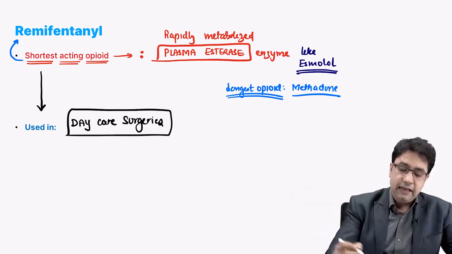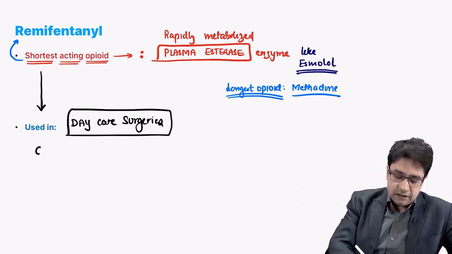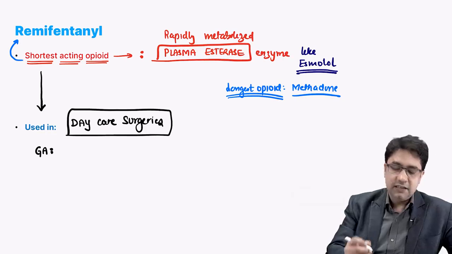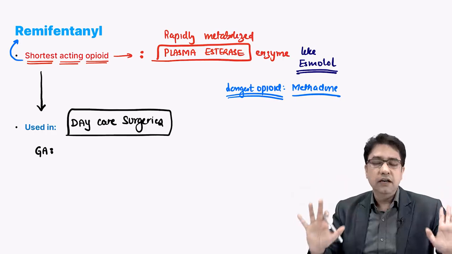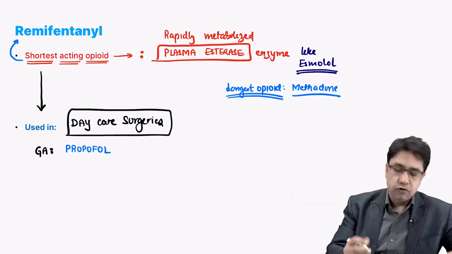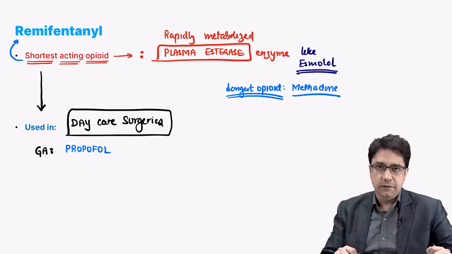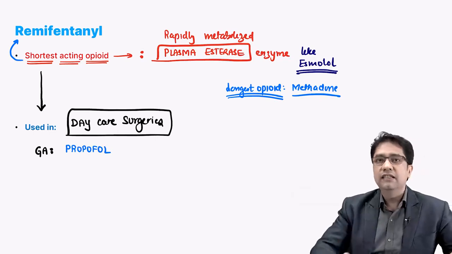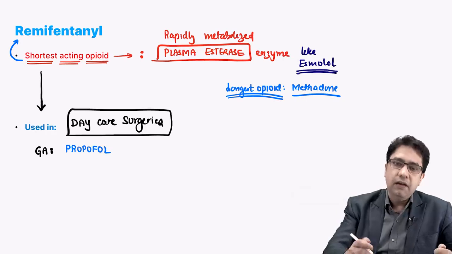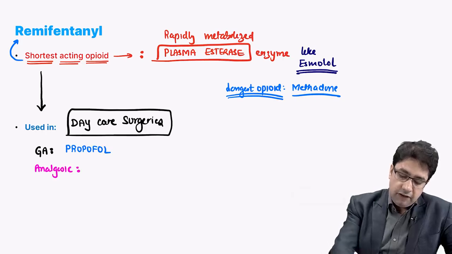So, remember, during daycare surgery, in minor procedure, those minor surgery we have to give one general anesthetic drug to make the person unconscious. So, drug of choice as a general anesthetic in daycare surgery is propofol. So, propofol, very rapid onset of action, person becomes unconscious, we can do surgery. But propofol is not an analgesic drug. It does not have pain relieving property.